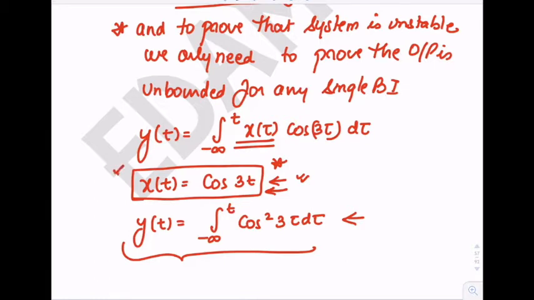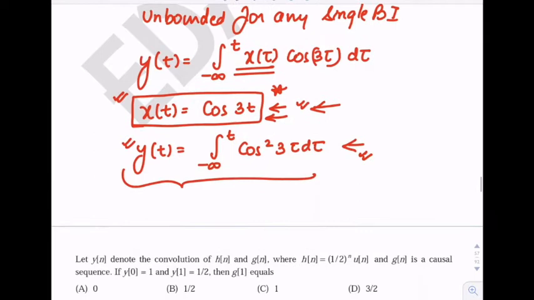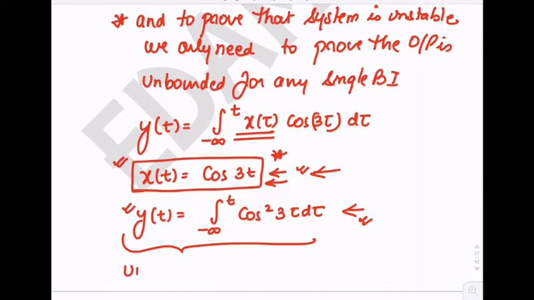So for this particular bounded input, the output is unbounded, and thus the system is unstable.